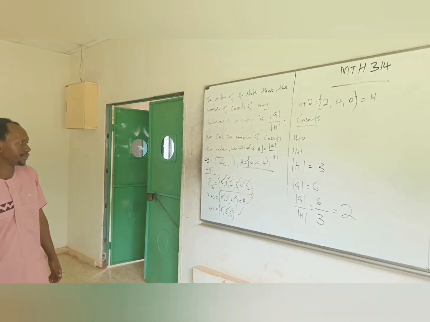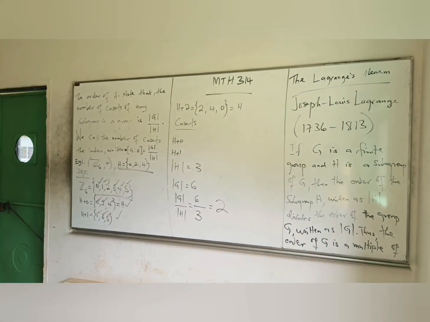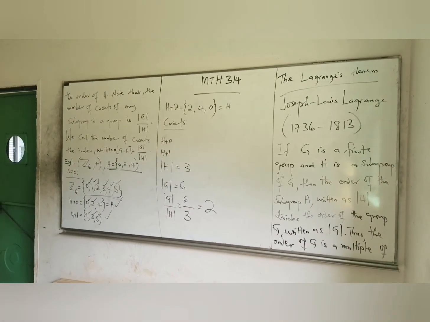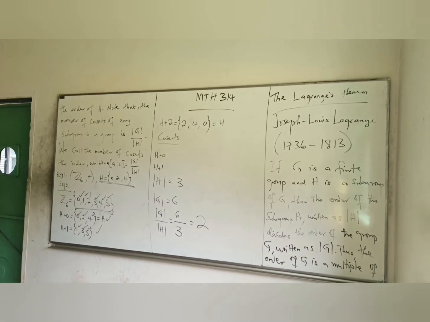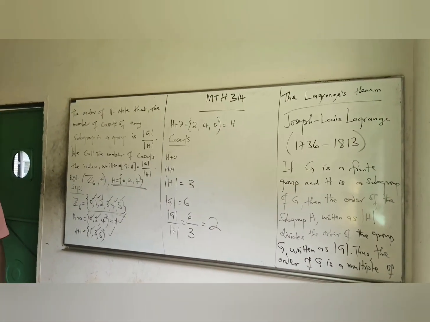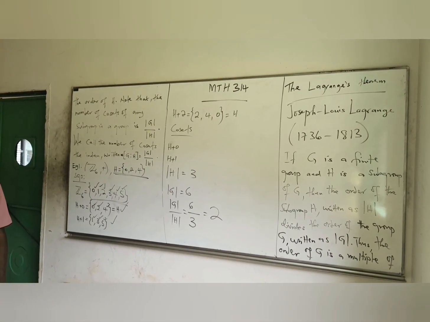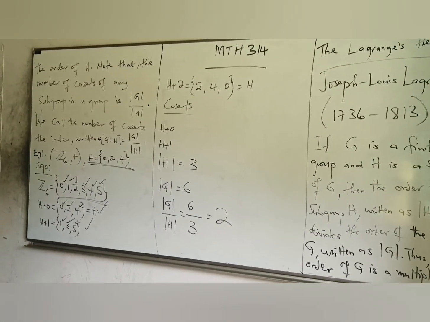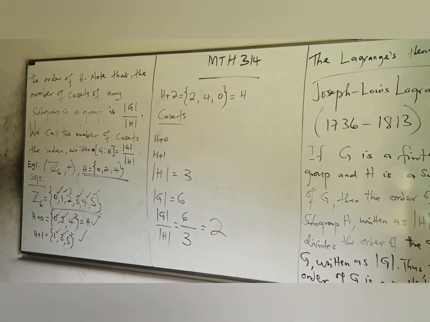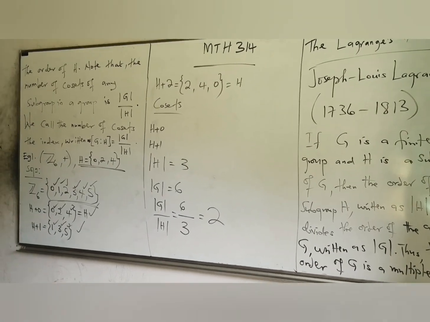Any other question? When you divide 16 by the order of the subgroup, what do you get? The order of the subgroup H in the previous example was 2.